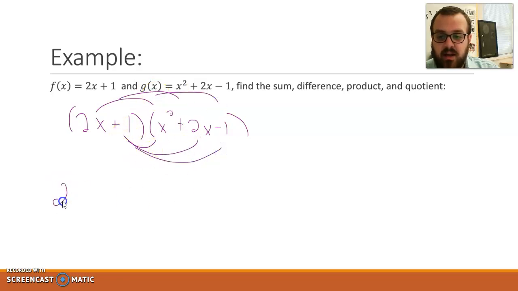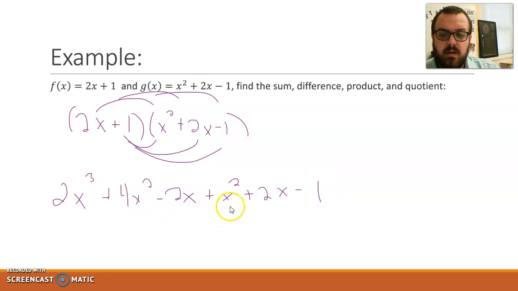So I'm going to get 2x cubed plus 4x squared minus 2x plus x squared plus 2x minus 1. Combine like terms together, I'll get 2x cubed plus 5x squared. The negative 2x and 2x will cancel and go away, minus 1.